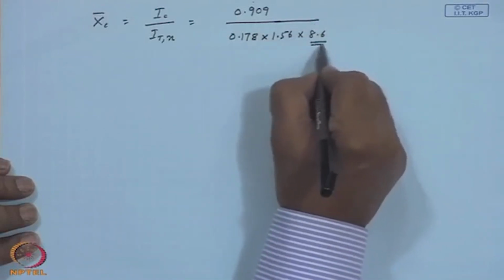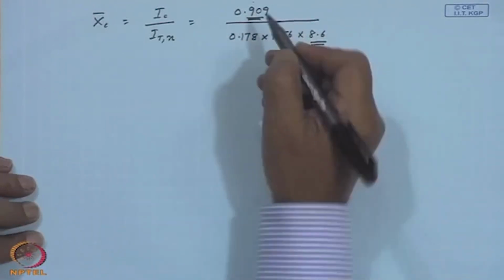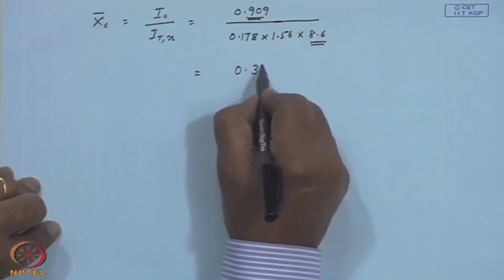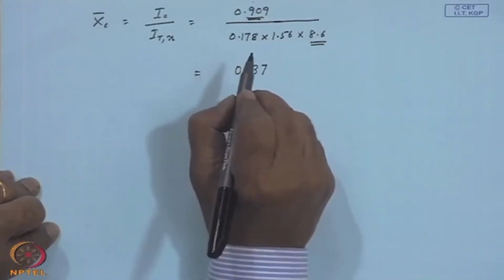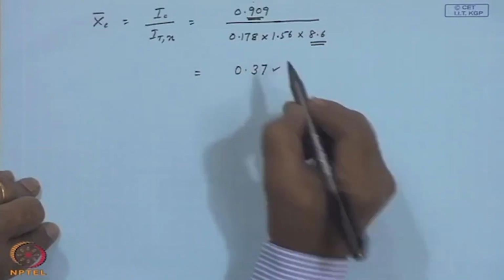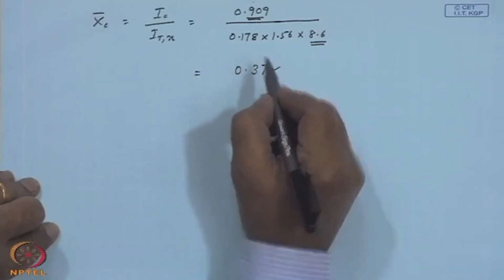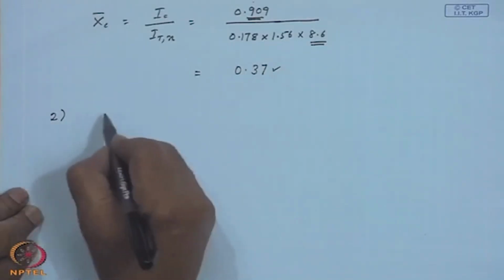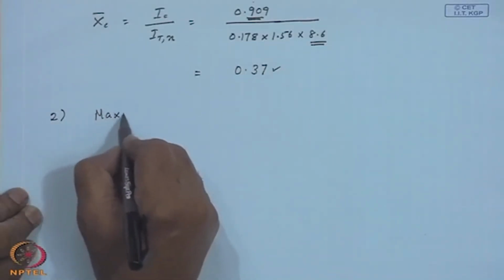This is also in megajoules and now this is also in megajoules. So, there is no problem. This non-dimensional critical level will be 0.37. Okay? We got the non-dimensional critical level, we got the critical level. Then the second problem, I am separating it out. What is the maximum utilizability?